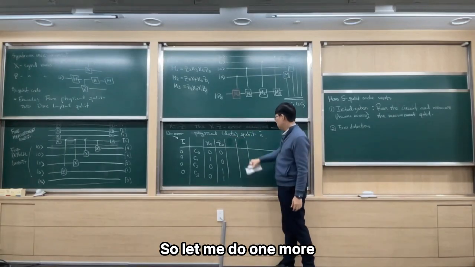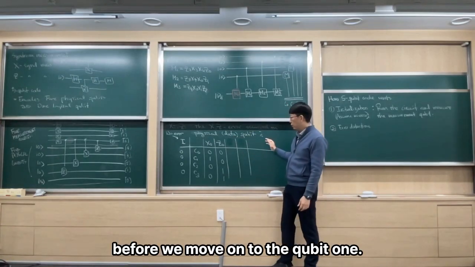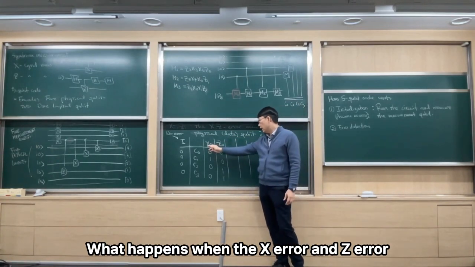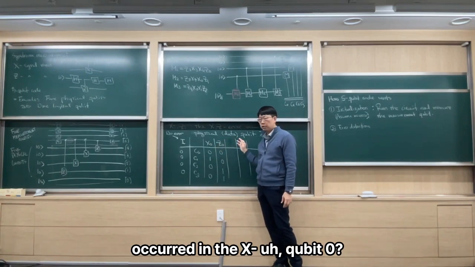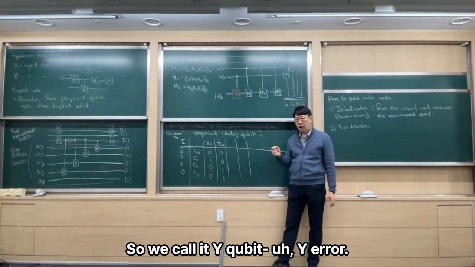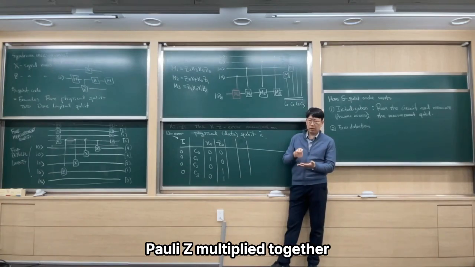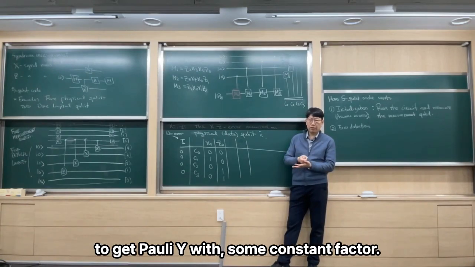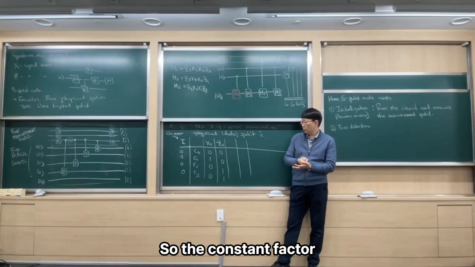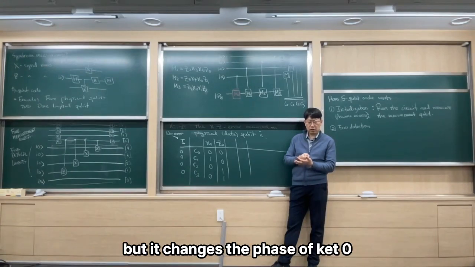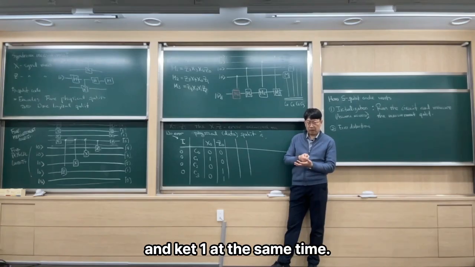So let me do one more before we move on to the qubit 1. What happens when the X error and Z error occurred on the qubit 0? So we call it Y error. You see Pauli X, Pauli Z multiplied together to get Pauli Y with some constant factor. The constant factor is changing the phase of the quantum state, but it changes the phase of ket 0 and ket 1 at the same time.